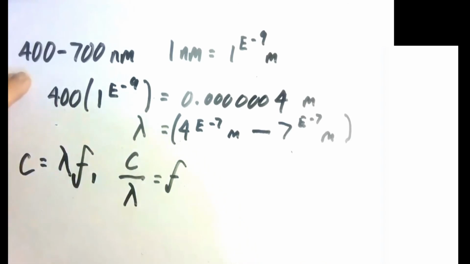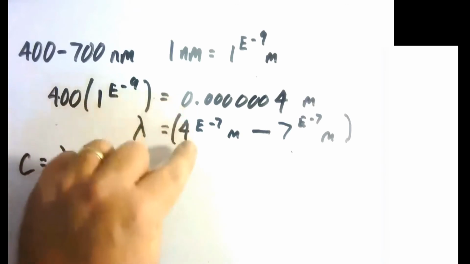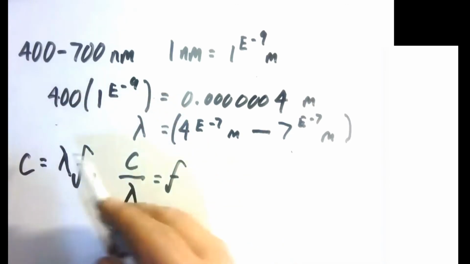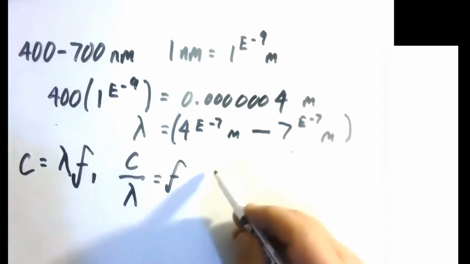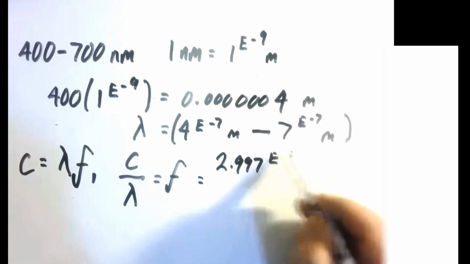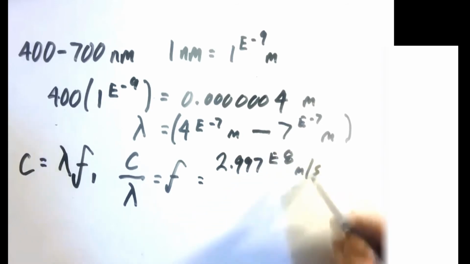Let's pretend that I am in fact using that 400 nanometer wave, and I converted it into 4e negative 7 meters. So according to our equation, c, the speed of light, equals 2.997e8 meters per second.